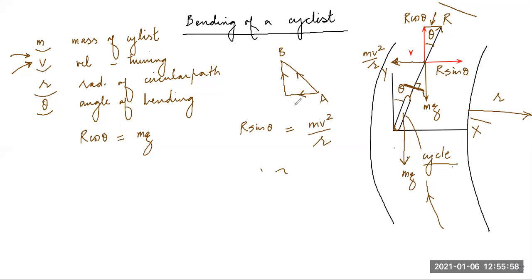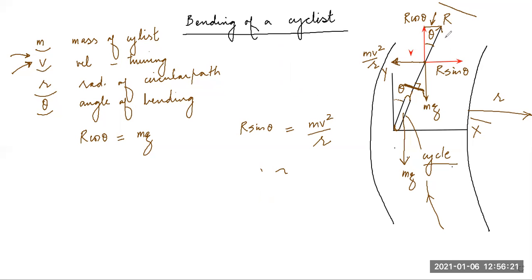Rather, you will draw it in the right to left direction, then bottom to up direction, right? Suppose it's like this and you want to resolve it into components. The first component will be left to right, and the second component will be up to down. This is the basic way you can resolve into components. Common sense will help you.